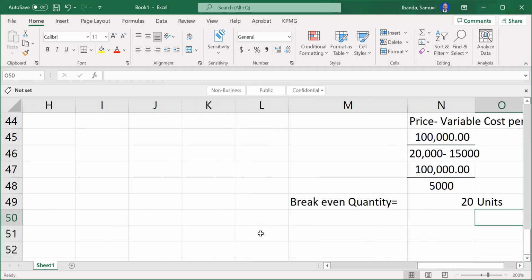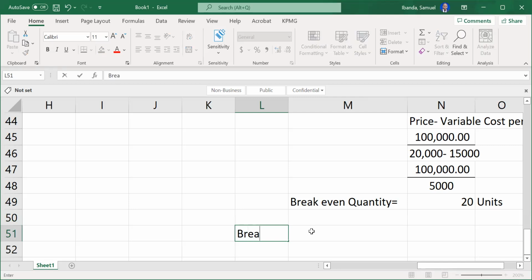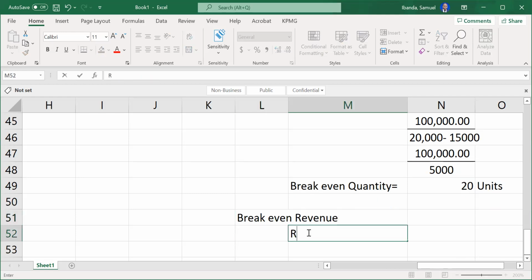The examiner can ask you to calculate what you call break-even revenue. So we say that revenue is given by price times quantity.